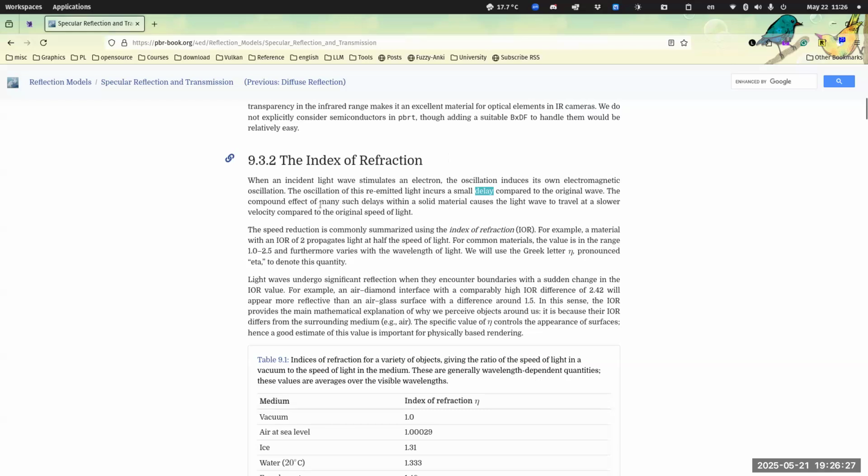The compound effect of many such delays within the solid material causes the light wave to travel at a slower velocity compared to the original speed of light. Oh, refraction is caused by this? Interesting. So this slowdown is commonly summarized using the index of refraction.